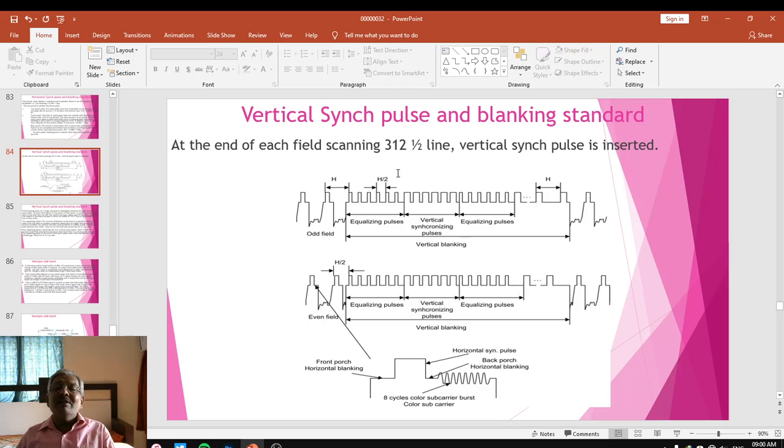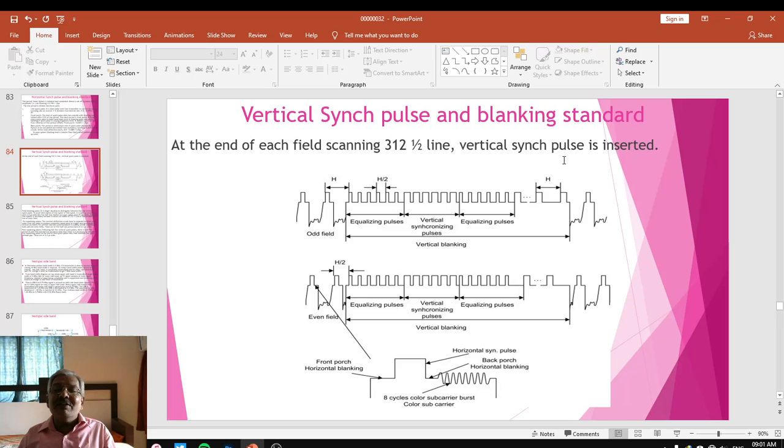Friends, these pulses are introduced at the end of each field scanning 312 and a half lines. Meaning thereby, at the end of every field, at the end of the odd field, also at the end of the even field, both are to be interlaced with each other, and in those respective vertical retrace periods, these pulses are introduced.